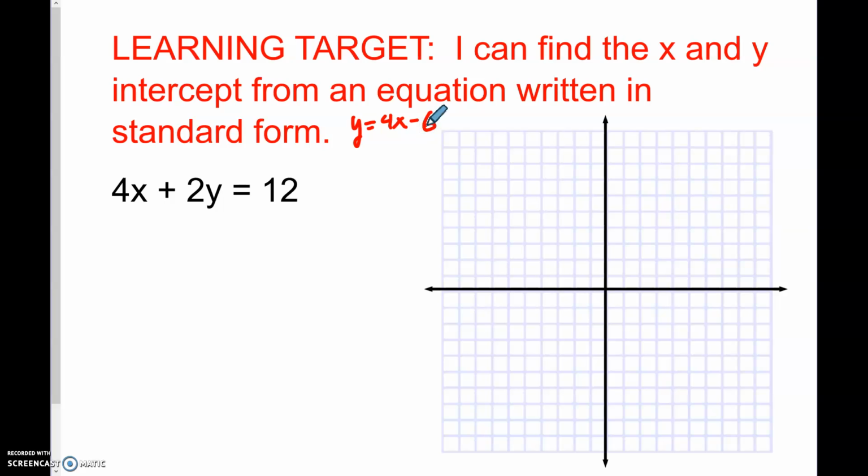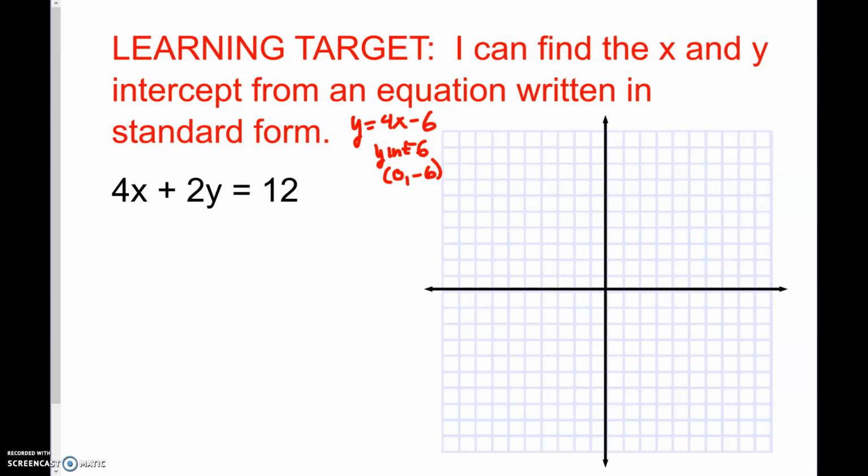And you guys can tell me that the y-intercept is negative 6, because we have a negative 6 here, that as an ordered pair is 0, negative 6.